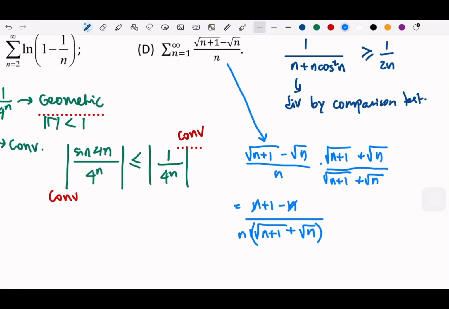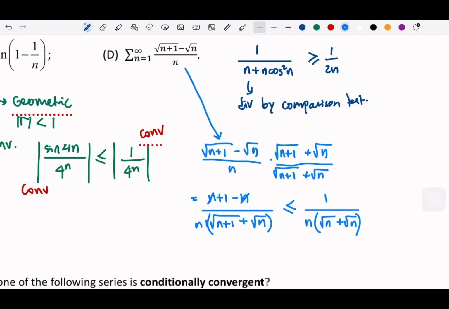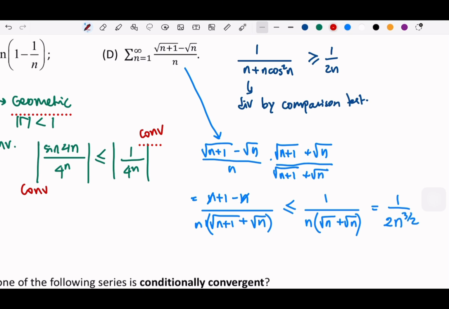Well, first maybe, let me just write this. This should be less than 1 over n times square root of n. This is square root of n, right? For sure, right? And this will be 1 over n to the 3 over 2. So we can take this as a comparison.